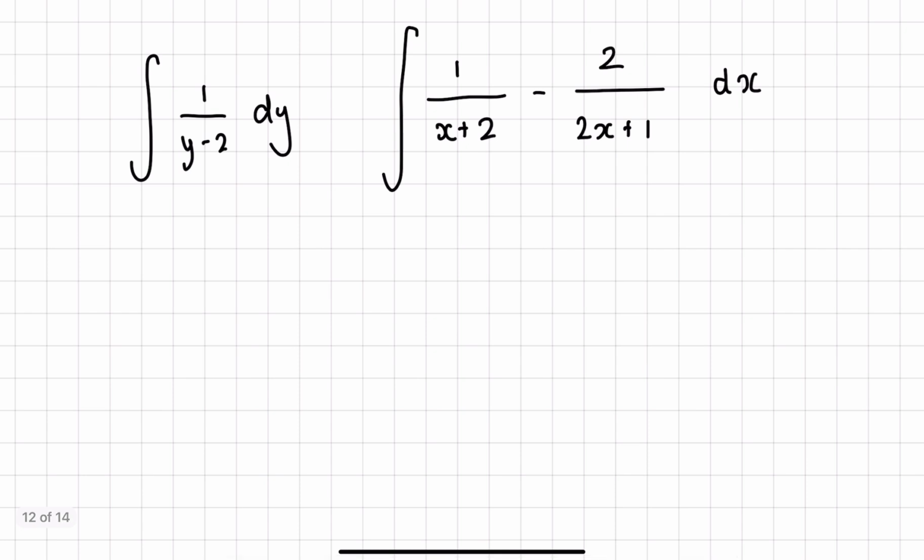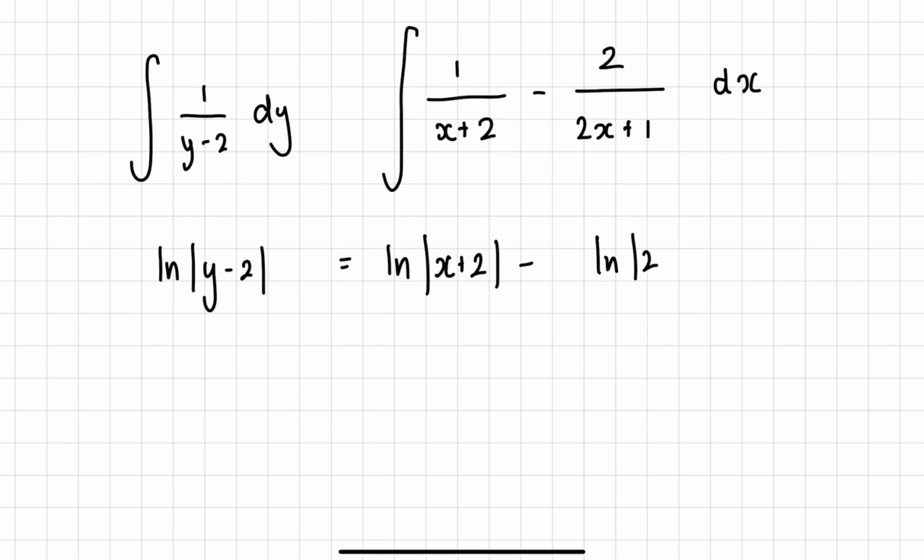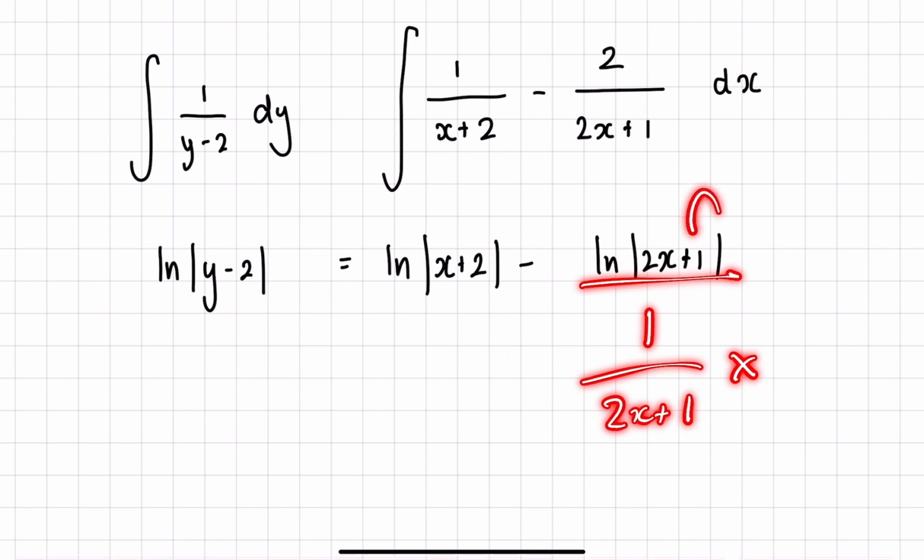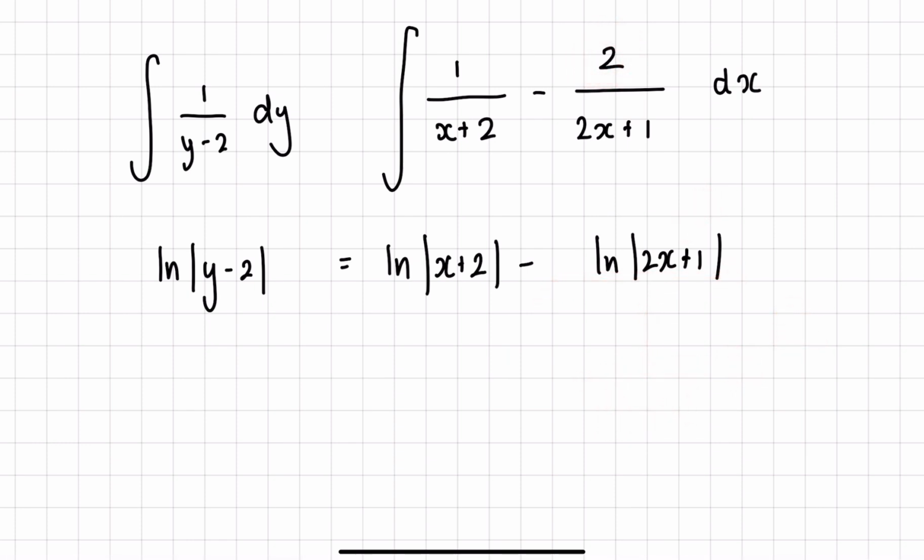So 1 over y minus 2, that becomes natural log modulus y minus 2. And that equals natural log x plus 2 minus natural log 2x plus 1. Now, when I do the derivative of this, it's going to be 1 over 2x plus 1 multiplied by the derivative inside, which is 2, which we got here, so nothing's on the front. That's fine there.